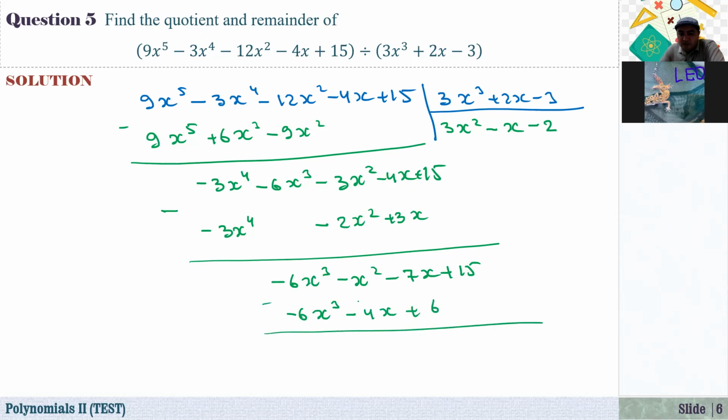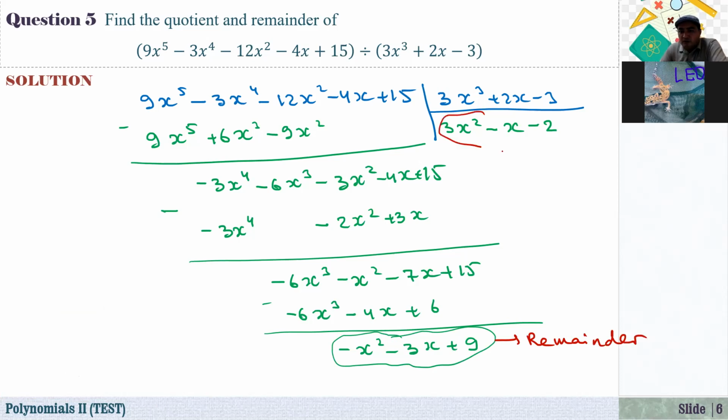If you subtract, here we have minus x squared, minus 7x minus 4x is minus 3x, and 15 minus 6 is 9. Now the degree of the remainder is less than 3, so we cannot continue division anymore. So that is the remainder, and this one is the quotient.